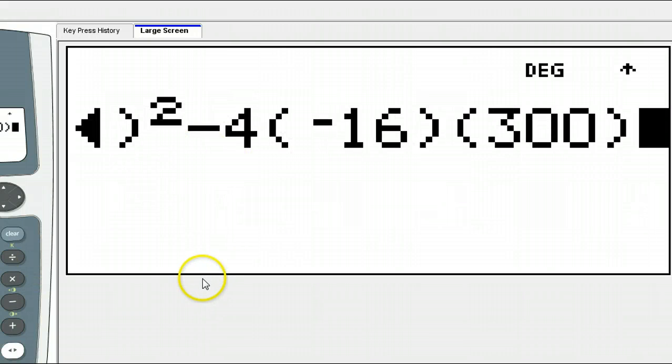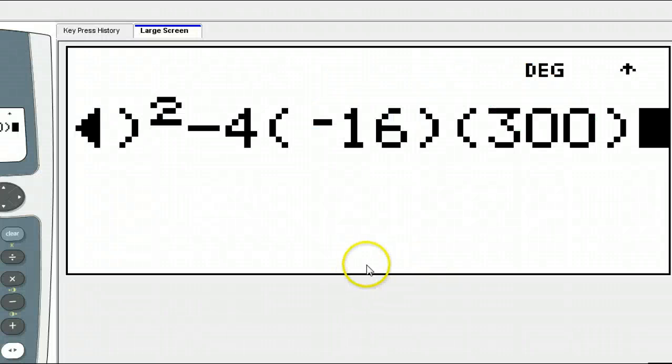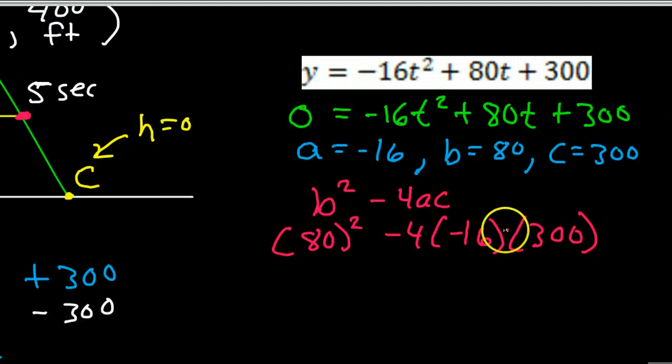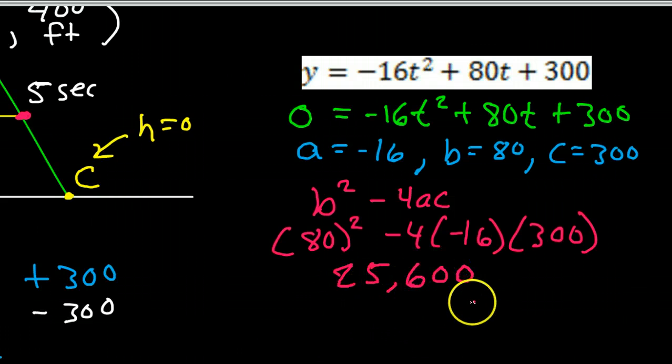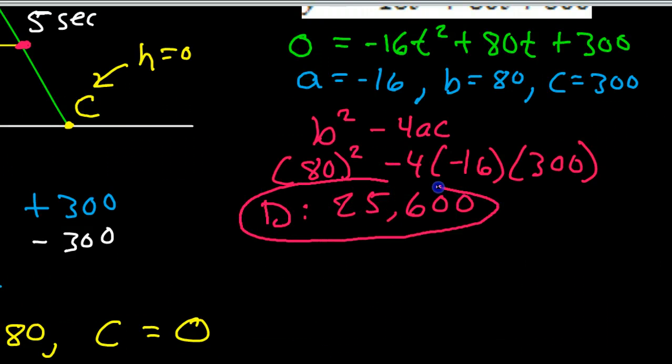Alright, 80 squared, just making sure. Okay, so just hit enter. So 25,600. Okay, that's the discriminant. That's my b squared minus 4ac. Just keep that in the back of your mind.